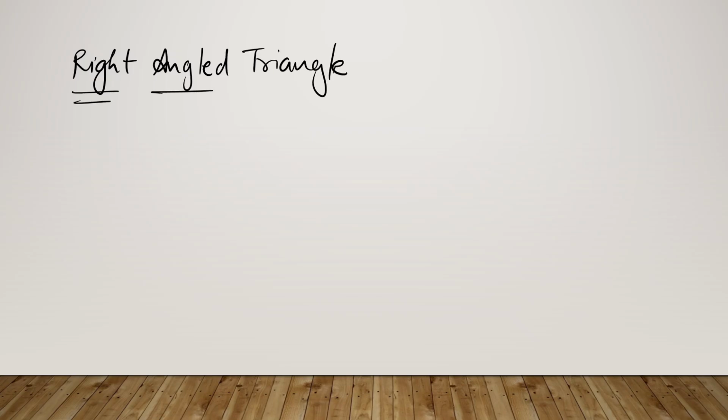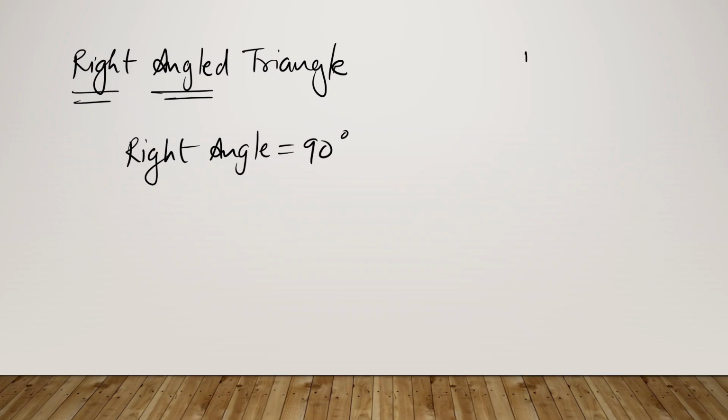So first we will understand what a right angle triangle is. As the name says, it is a right angle triangle. A right angle is the angle which is equal to 90 degrees.